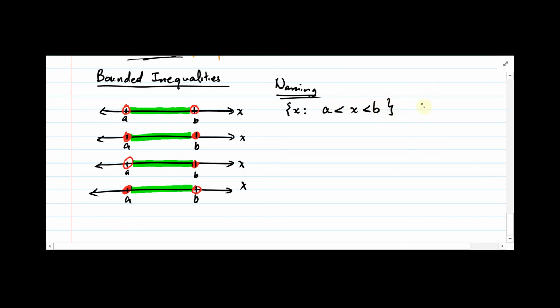This is known as an open interval. Okay, both ends are open. On the other hand, same boundaries, but because of the closed circles on both ends, notice the inequalities have changed. So this is a closed interval.